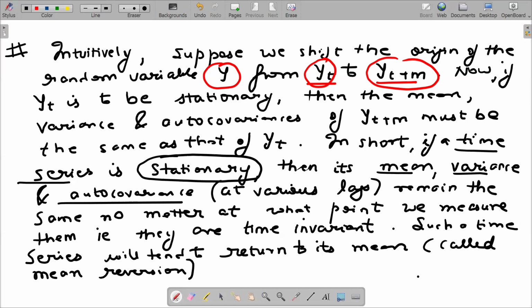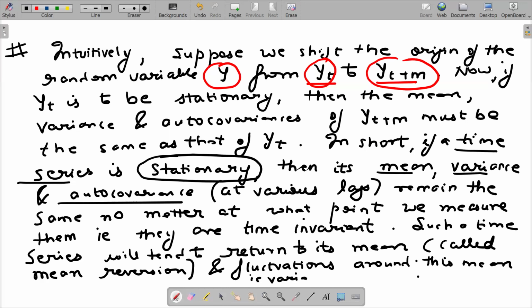Such a time series will tend to return to the mean, and the fluctuations around this mean, which we call the variance, will be constant.